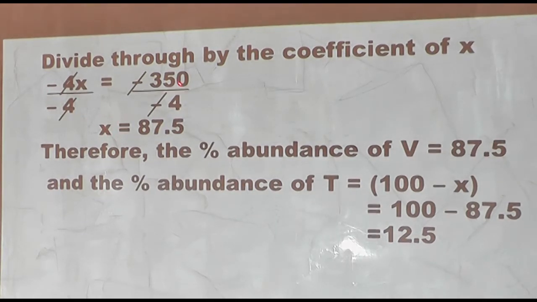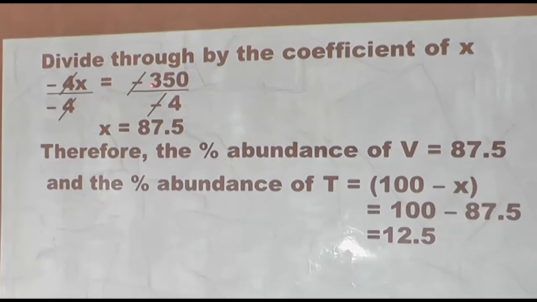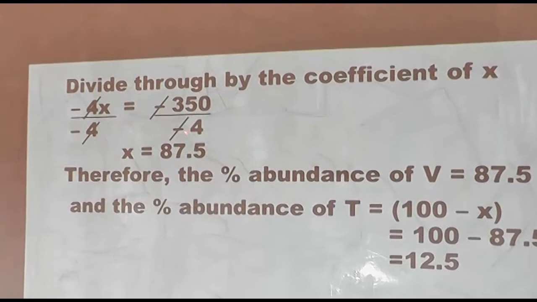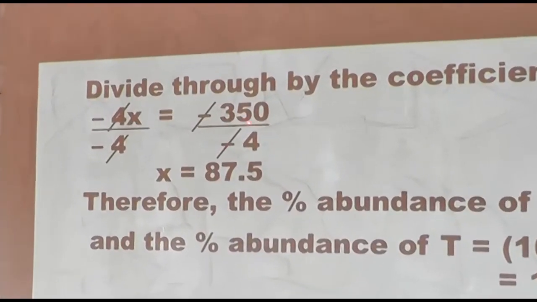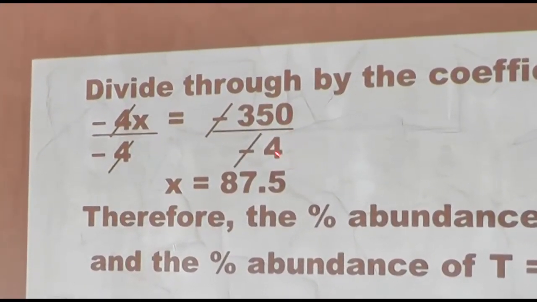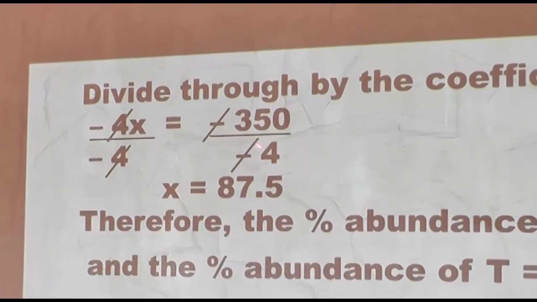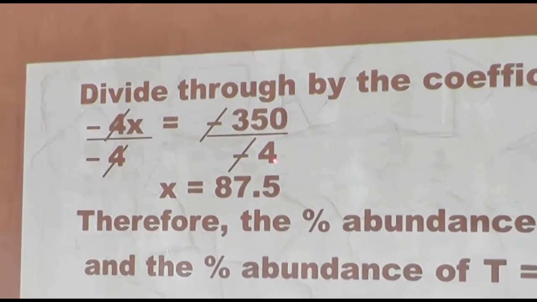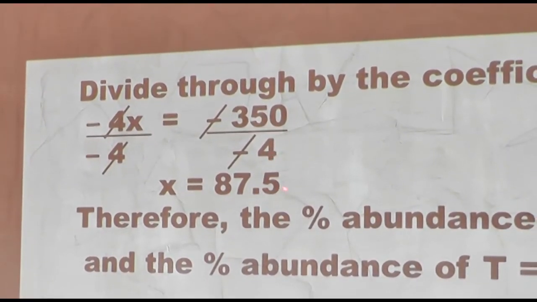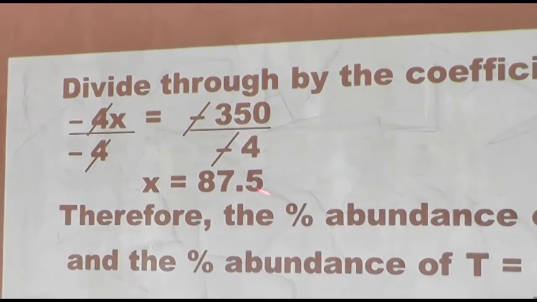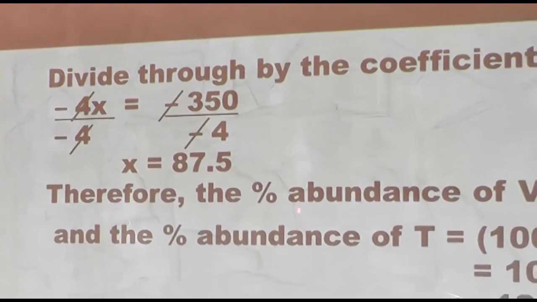And minus 350 divided by minus 4, the minus sign strikes out the minus sign, which gives us positive 350 over positive 4. 350 divided by 4 gives us 87.5. Therefore, x is equal to 87.5%.